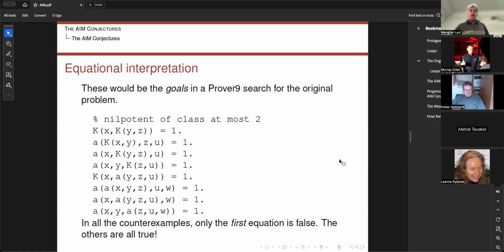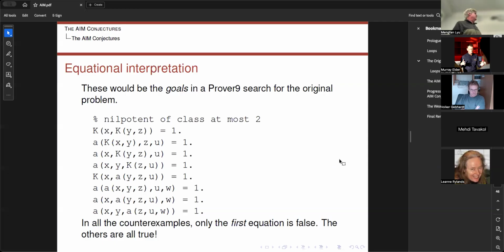So what would the equational interpretation be? Here again are the 8 equations that characterize being nilpotent of class 2. In all of the known counterexamples, the only one that's false is the first one, the one that has the 2 commutators in it. All of the other ones are true.